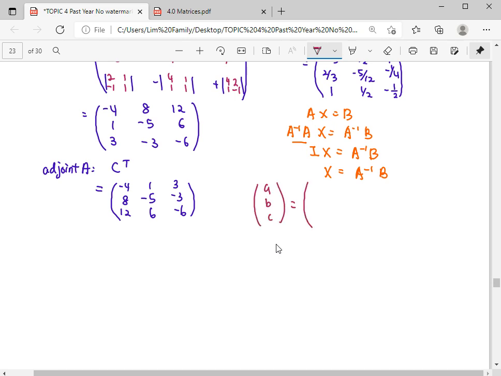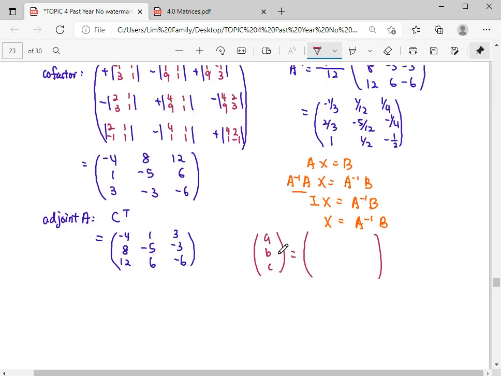Inverse matrix A times our matrix B is equal to 11, -16, and 28.